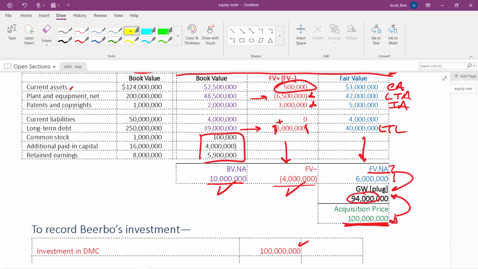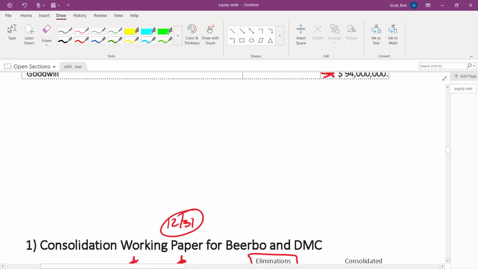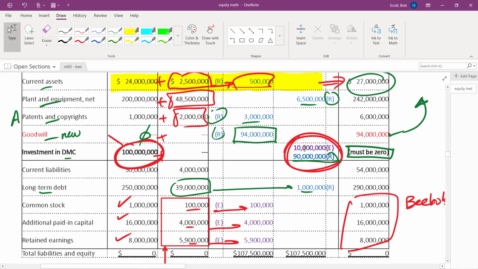So we paid $100 million, which was $94 million above the book value less any fair value adjustments. That whole business that we just did there is essentially what the worksheet is reversing out.